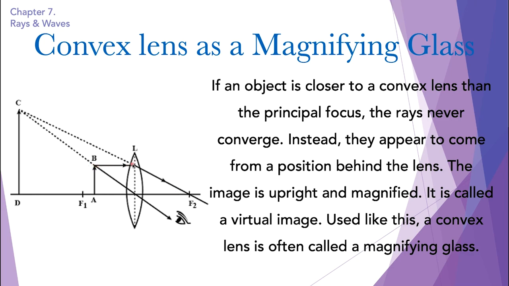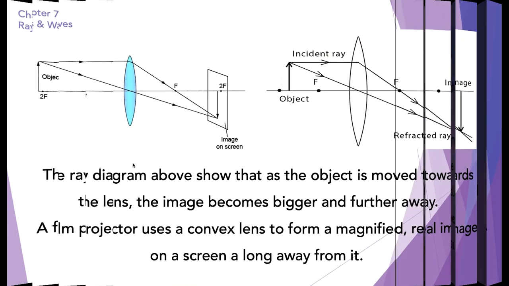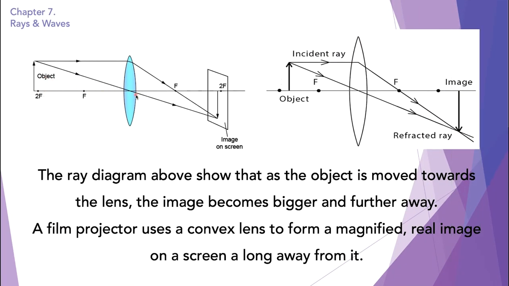Like I said, convex lenses produce both virtual images as well as real images. A convex lens produces virtual images if the object is closer to the lens than the principal focus. Otherwise, in all the other examples we saw, the focal point was closer to the lens than the object. That is why the lens always formed a real image, which is upside down and can be picked up on a screen.